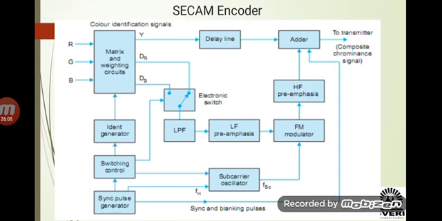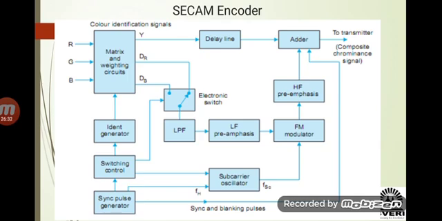Once DR is transmitted, at the receiving end the DR value will be stored, and whenever the DB value comes, DR and DB will be processed simultaneously. So it will be storing a certain value in memory, and that memory element will be available at every receiver. That is how a SECAM system works.